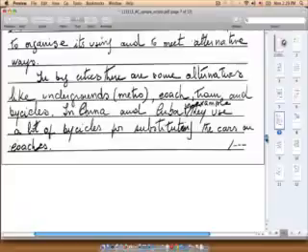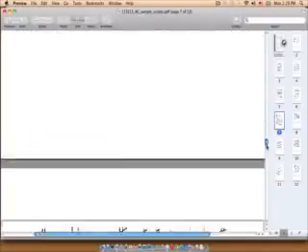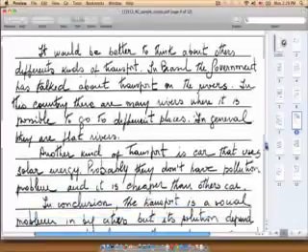"In the big cities, there are some alternatives like undergrounds, coach, train, and bicycles. In China and Cuba, for example, there use a lot of bicycles for substituting the cars and coaches." Okay, again, we know what they're talking about, but many grammatical errors.